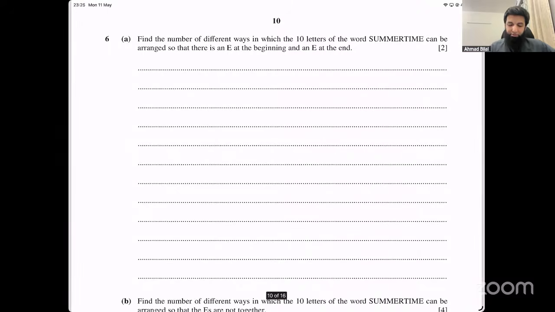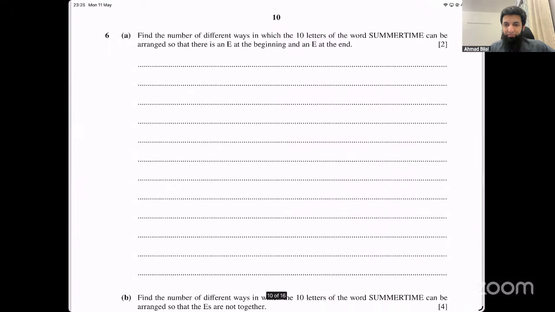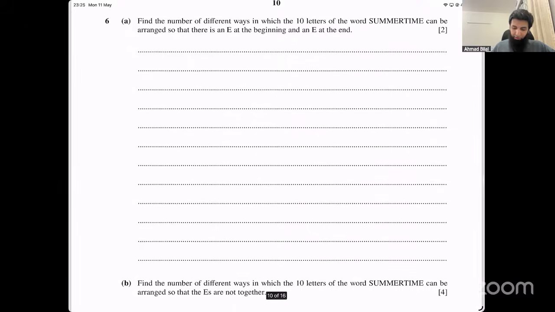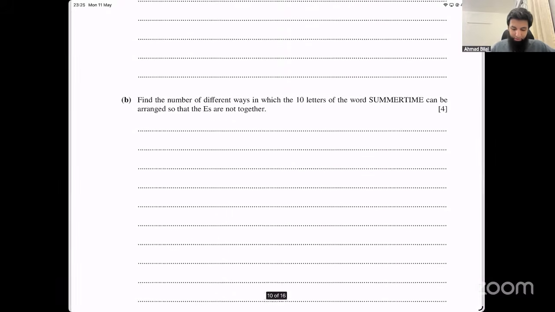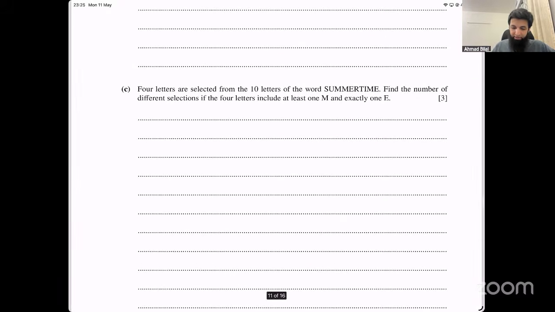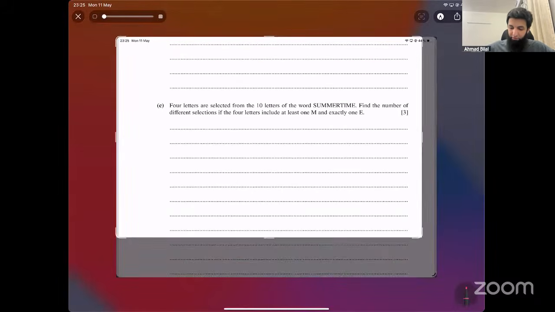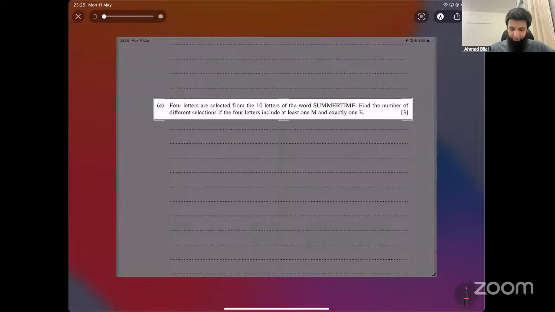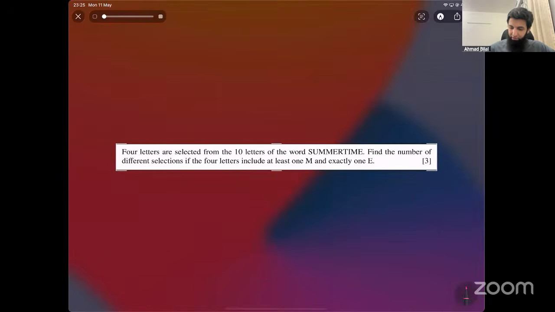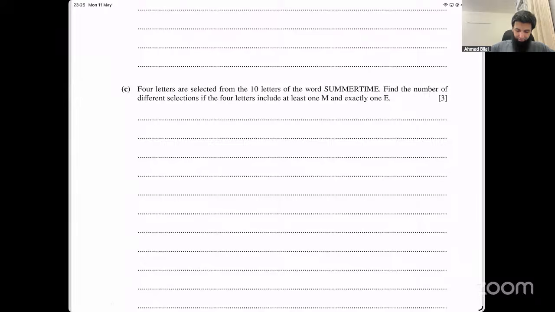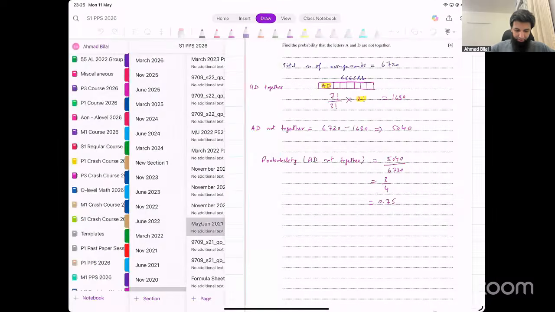Okay. What's the problem in this? अब मुझे बताएं इस क्वेश्चन का कौन सा पार्ट? Part C. Okay. 4 letters are selected from this, different selections. Let me copy this so we can compare this with whatever you're saying. Part C of this question. Okay. Let me copy that here.